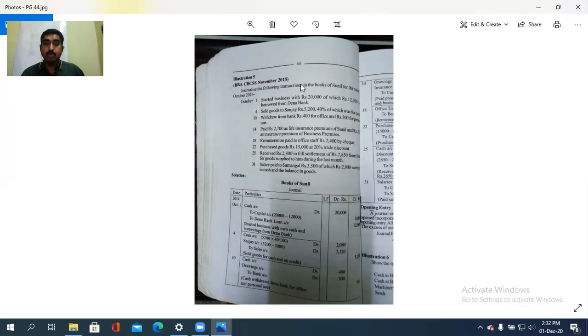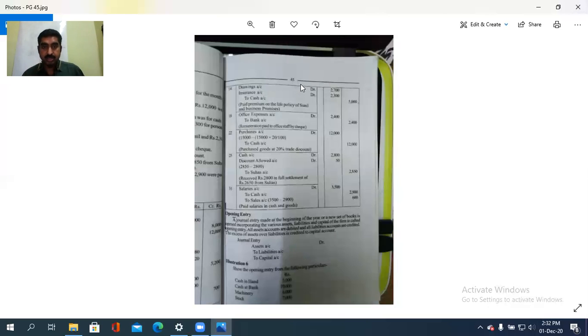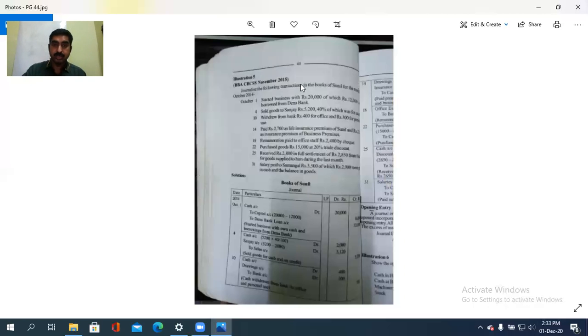So purchase account debtor to cash, 12,000, because 15,000 minus 3,000 is 12,000.